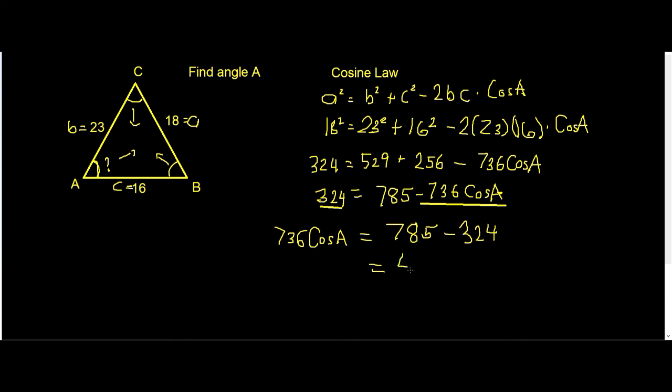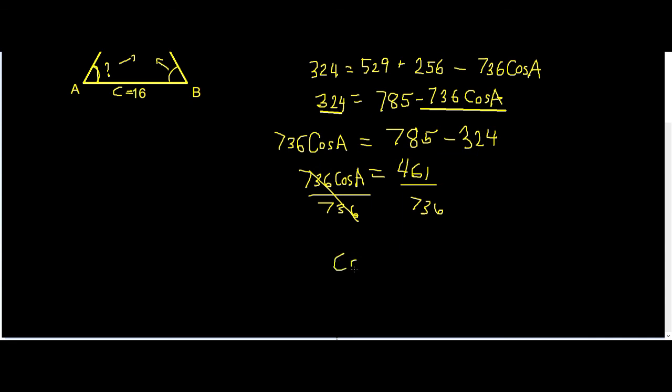Meron kang 461. And then you have 736 cosine A. Dividing both sides by 736. Ngayon, meron kang cosine A is equal to 461 over 736.